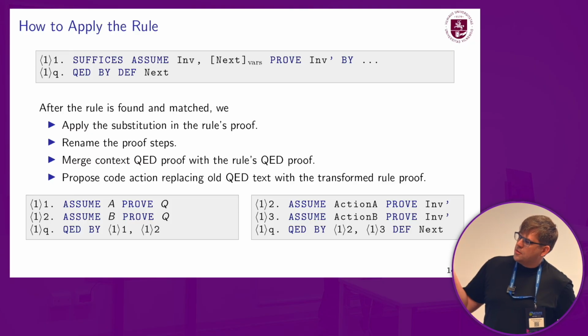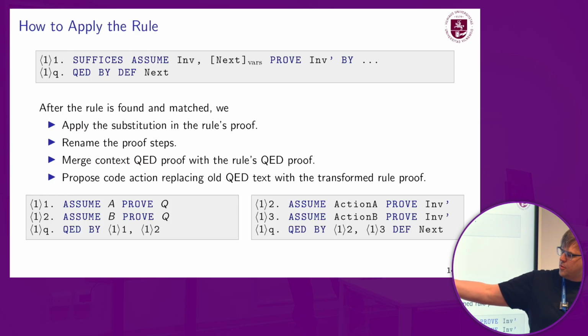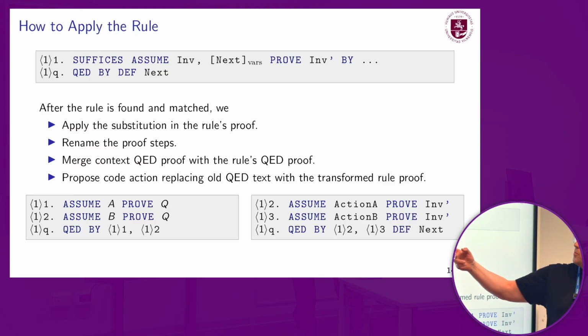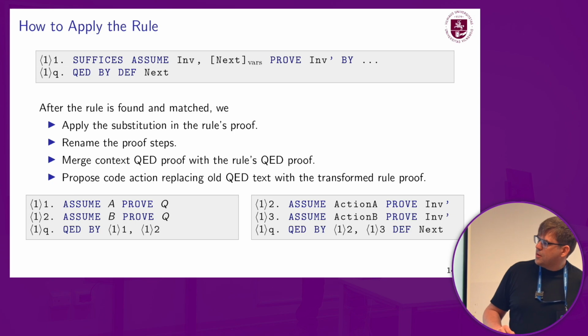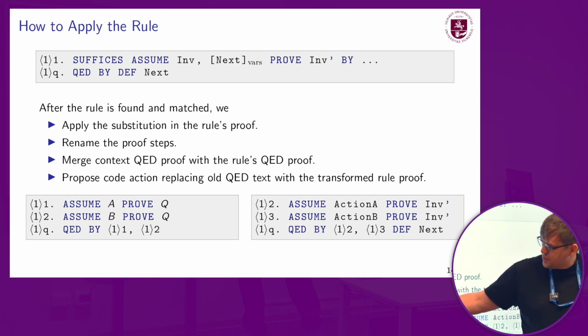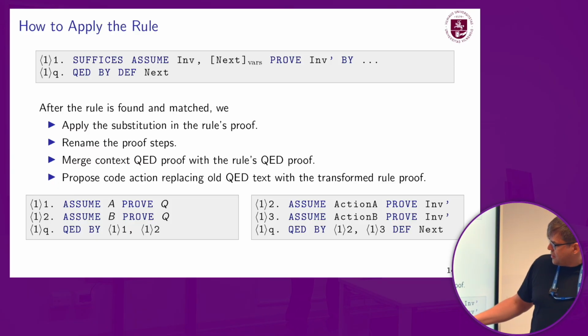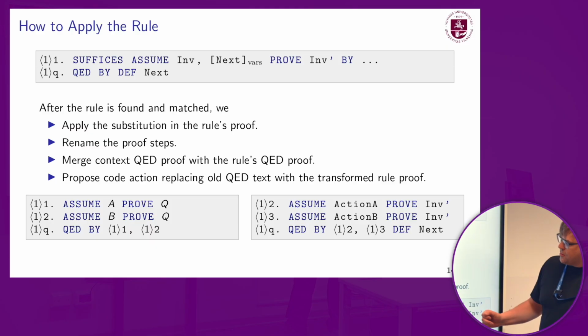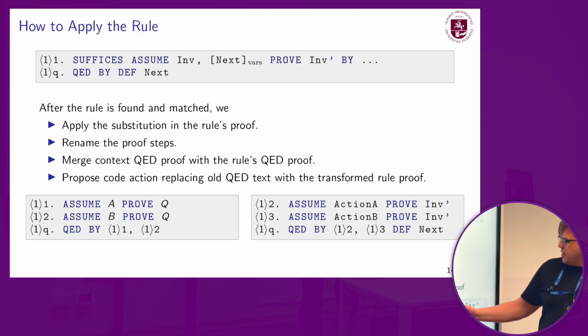We already matched the rule, so we apply that substitution derived from the rule to the proof which was provided by the rule here. So on the left, I have the initial rule's text. On the right, I have the rewritten one. So instead of A here, I have action A here, etc.